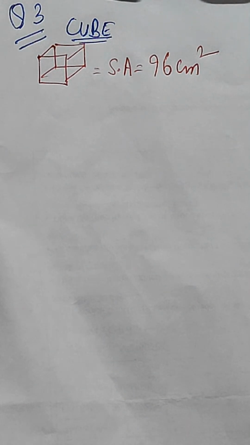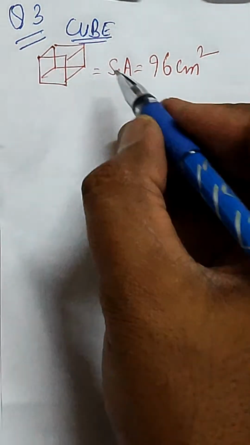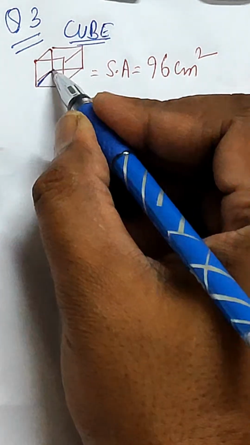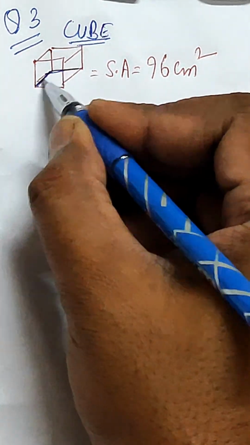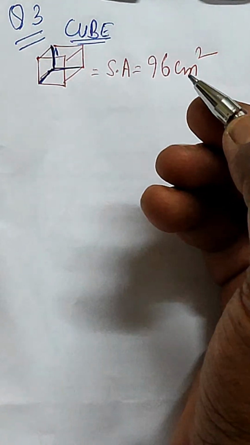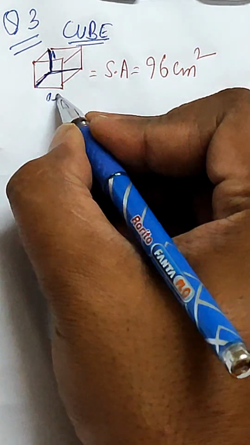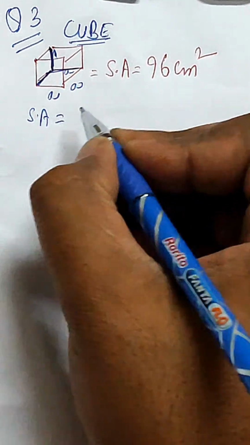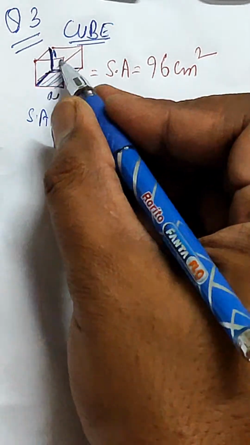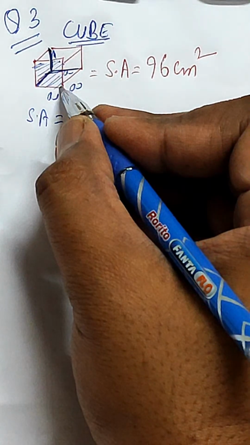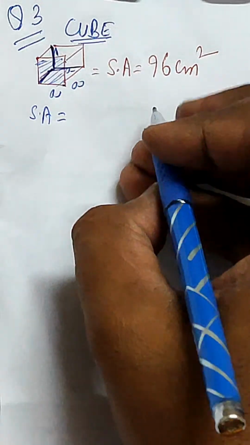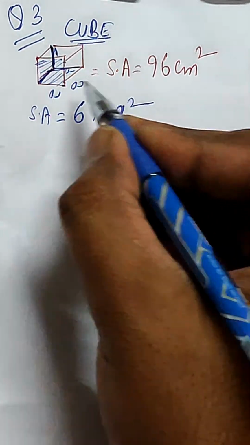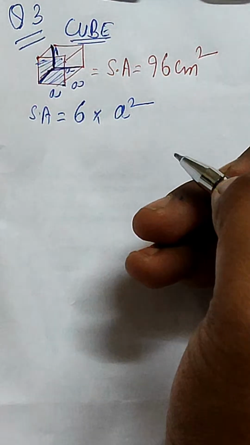To calculate the volume, just recall the property of a cube. All its edges are equal, right? So let's say A, and the surface area of one face is A square. This will come 6 times. So the surface area of a cube is 6 times A square, where A is the edge of the cube, right?